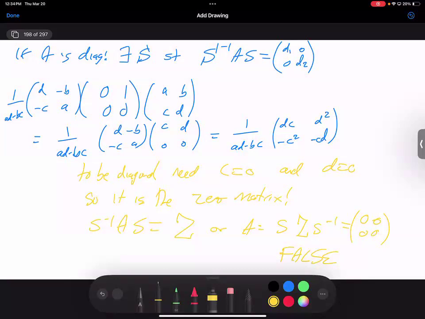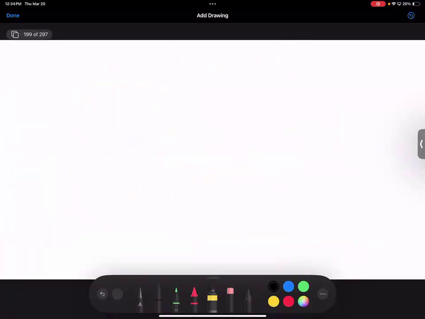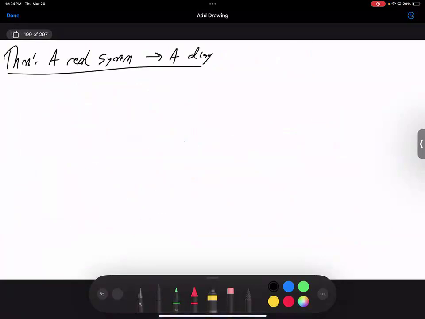And then we've got 2 minutes left. That should be more than enough time to prove it. So theorem: A real symmetric implies A is diagonalizable. So, really fast, proof.